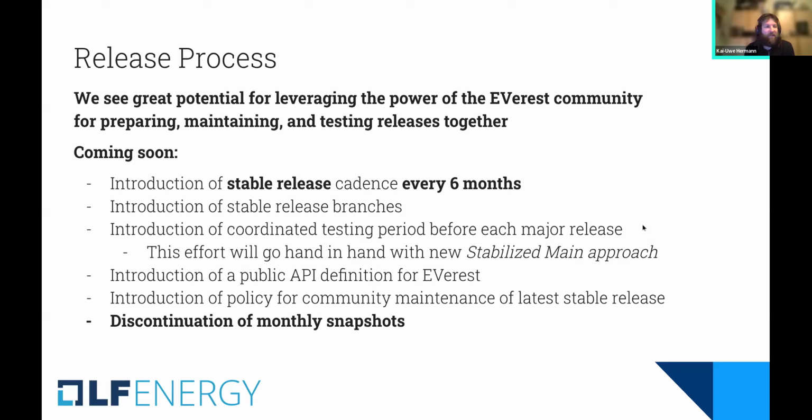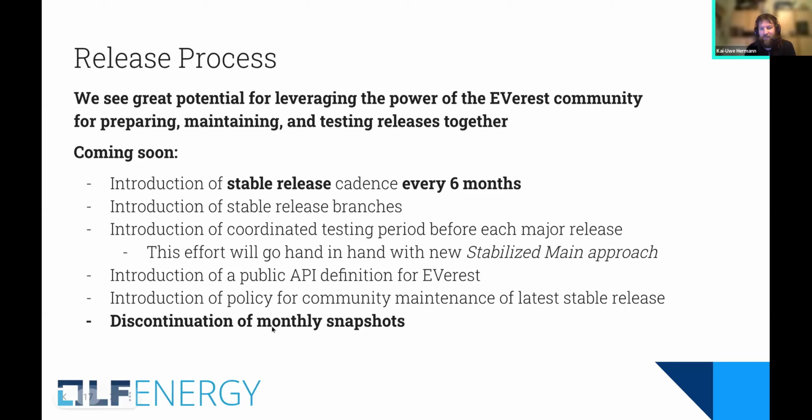So obviously, we won't be backporting every new feature to a stable release branch. Development will still happen in main, but select features might get backported to stable releases, as well as certain bug fixes and security fixes.